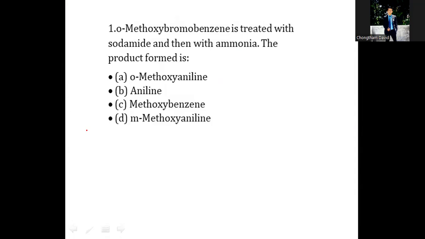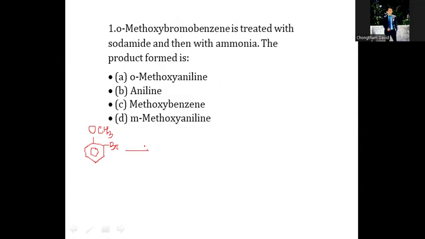So according to the question, you have orthomethoxybenzene, which is a substituent. At the ortho position, you have bromine, and this is your orthomethoxybromobenzene.